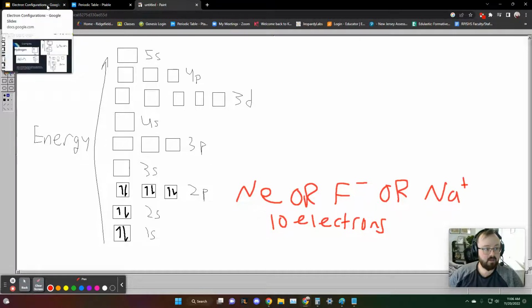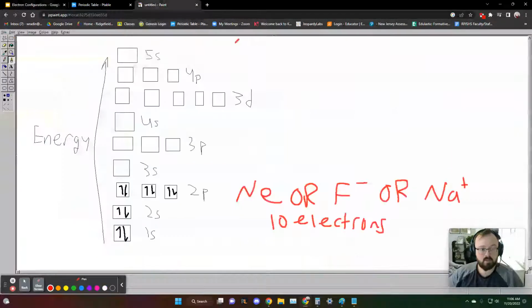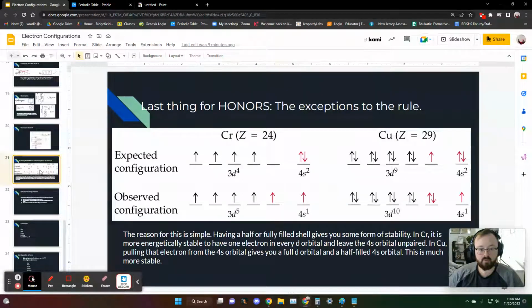The last thing that I want to get through is what is known as the electron configuration, which is how we write it. I do just want to say quickly, I did include the configuration of ions, what this would look like. I think I talked about this exception.